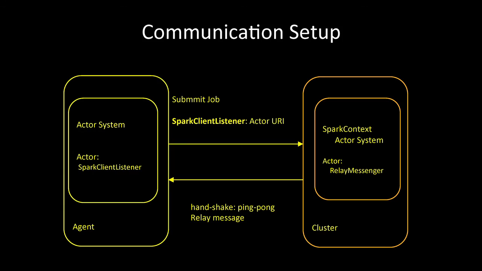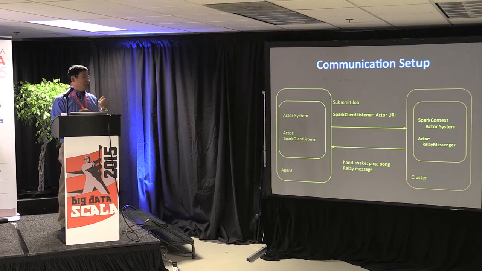This one has a Spark URI, and along with all the other configurations, we send this URI to Spark. On the Spark job side, the Spark context has an actor system, and we can create an actor out of it. So we create an actor called a relay messenger actor, which can do a handshake with our client-side Spark listener.